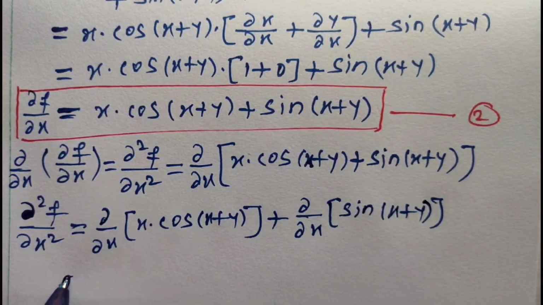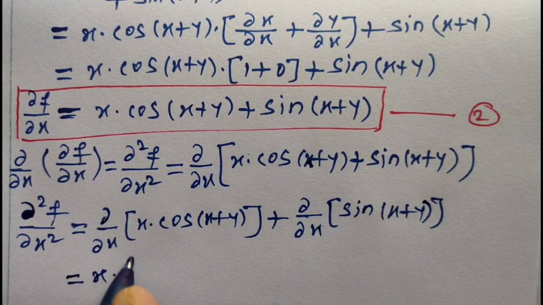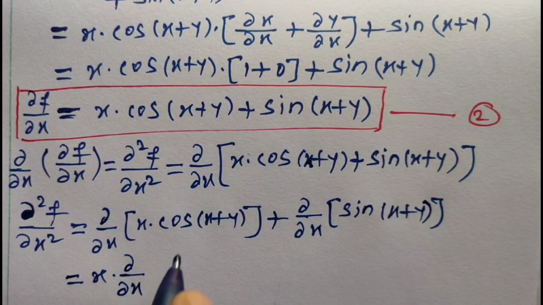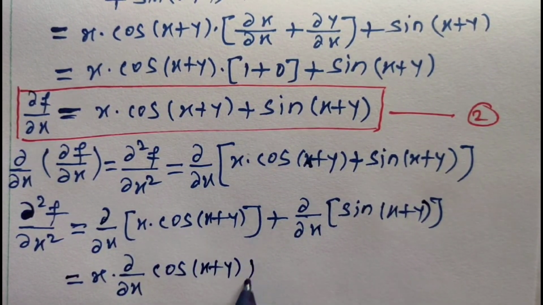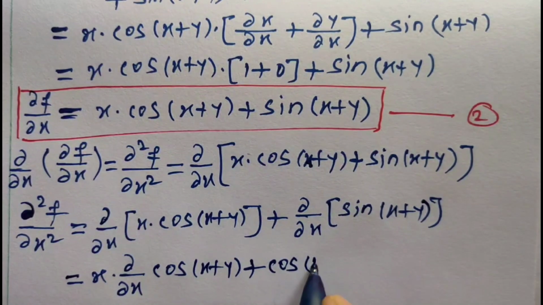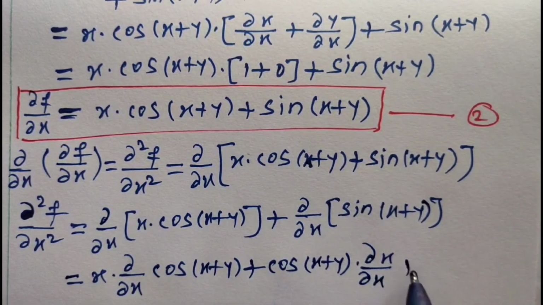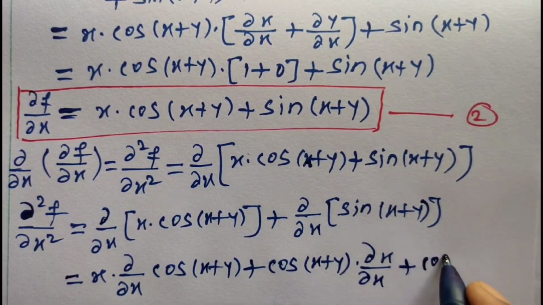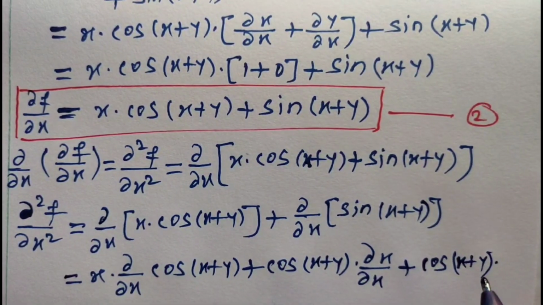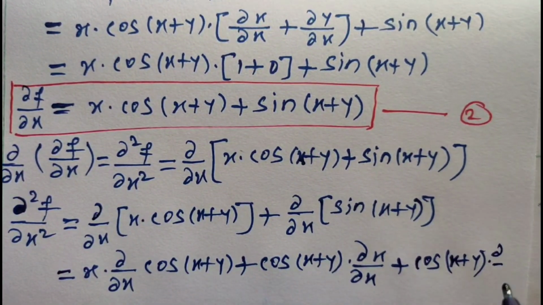So this is equal to first function as it is times partial derivative with respect to x of the second function, plus second function as it is times partial derivative of the first function with respect to x. Derivative of sine is cos, so cos of x plus y into partial derivative with respect to x of x plus y.